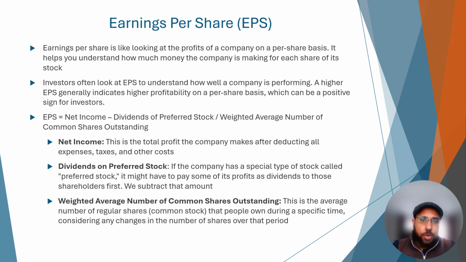They could do stock buybacks, and that could reduce the number of shares in the market. So if you were to do the equation again, you can manipulate the whole earnings per share figure. So it's important to understand the number of shares being issued every year and so forth. Is it consistent? Is it not? So these are the factors you would want to look at when looking into earnings per share.